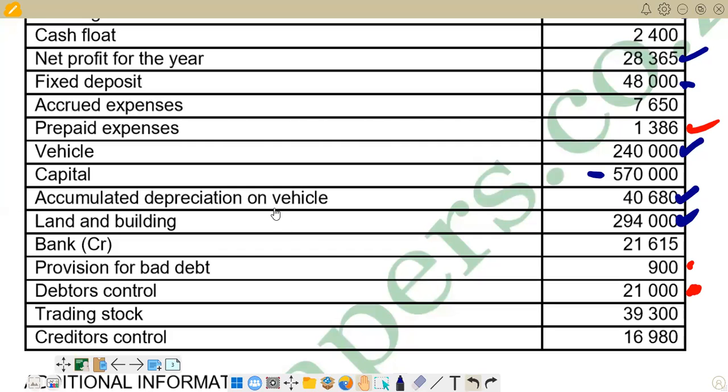On other current assets, you see that we have trading stock here of 39,300. Then we check if we have any other stock in terms of stationery. We've also got consumables. So we can go up to check if there is any other.